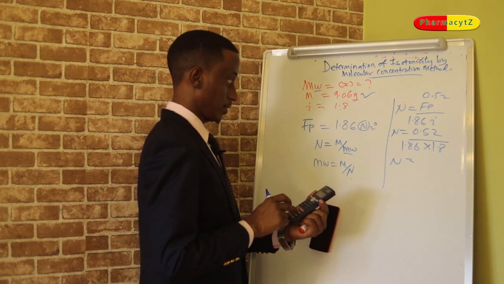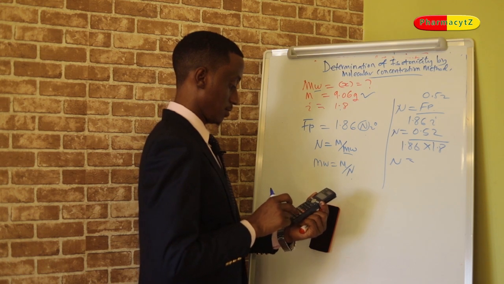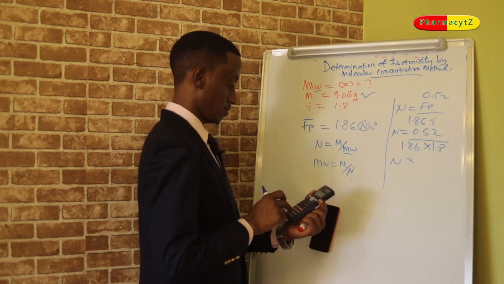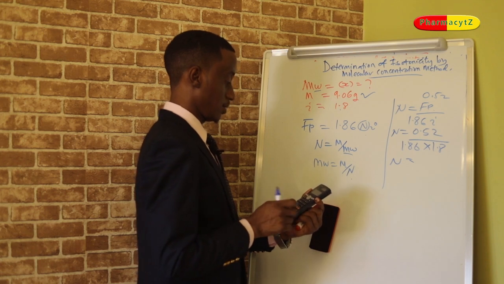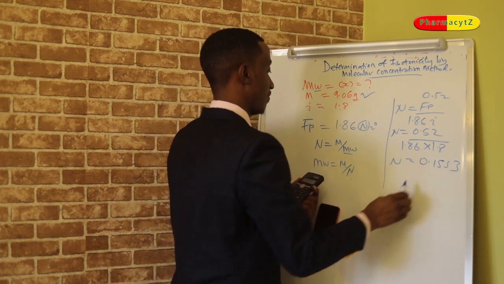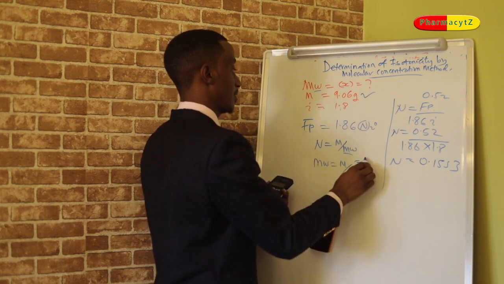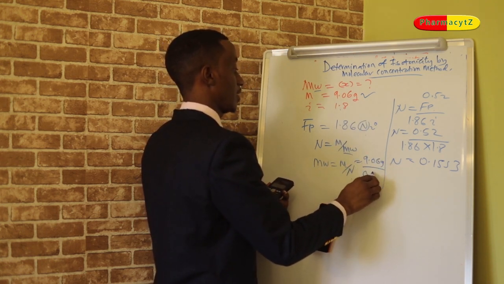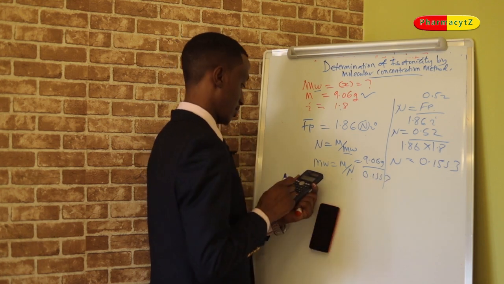1.86 times 1.8, you get 0.553. Then take the mass here, 9.06 grams, divided by 0.553.